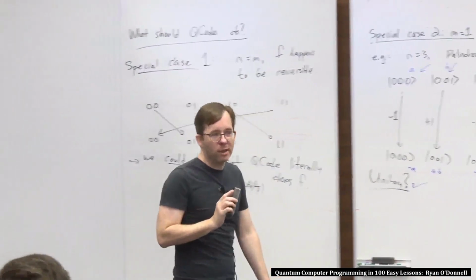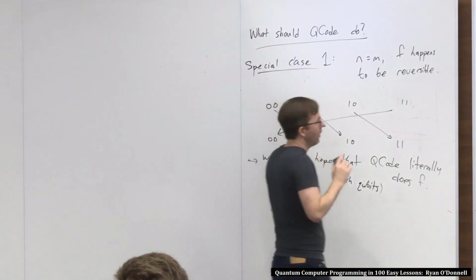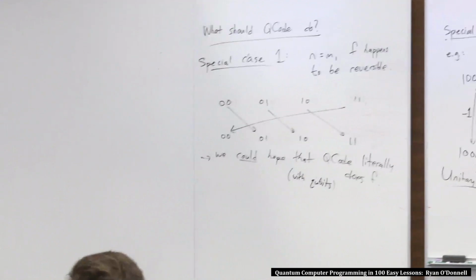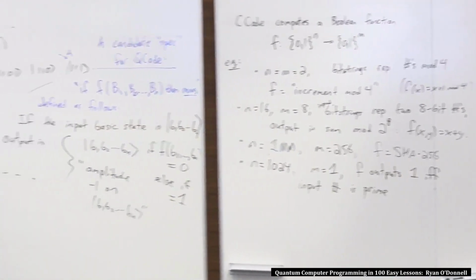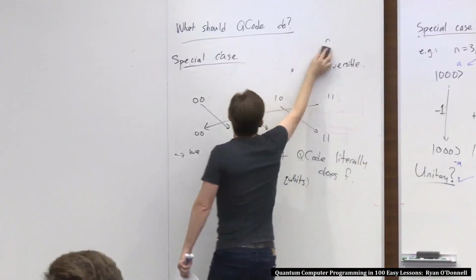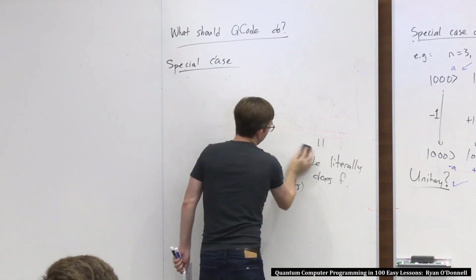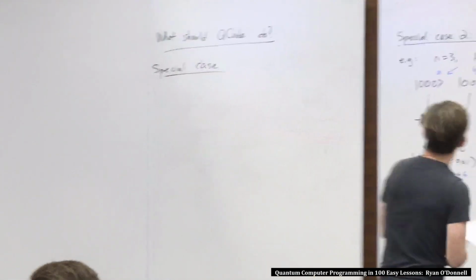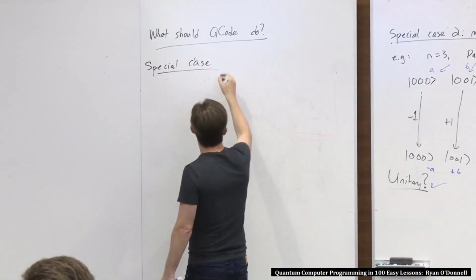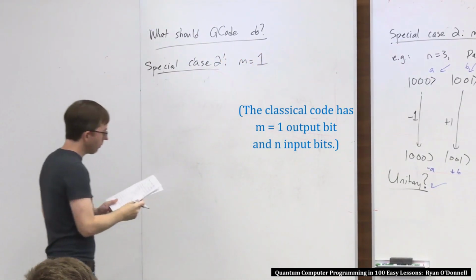Okay, so let me address what I hope your question was, which is, this is a bit funky. What are we going to do in general? I will tell you what we're going to do in general. But in fact, before I tell you that, I'll tell you what we do when M is 1 again. This is an alternate spec you could desire in the special case where M is 1, still M equals 1, but a different system.